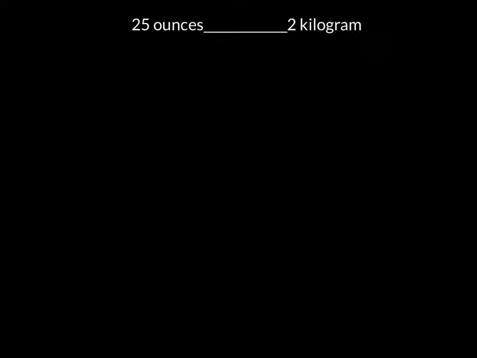Okay, now we're going to be learning about comparing units. We're going to be using these two signs, those little alligators that we talked about, to compare 25 ounces and 2 kilograms. But if you look at the chart, we don't have ounces to kilograms. We have pounds to kilograms. So we need to change ounces into pounds.